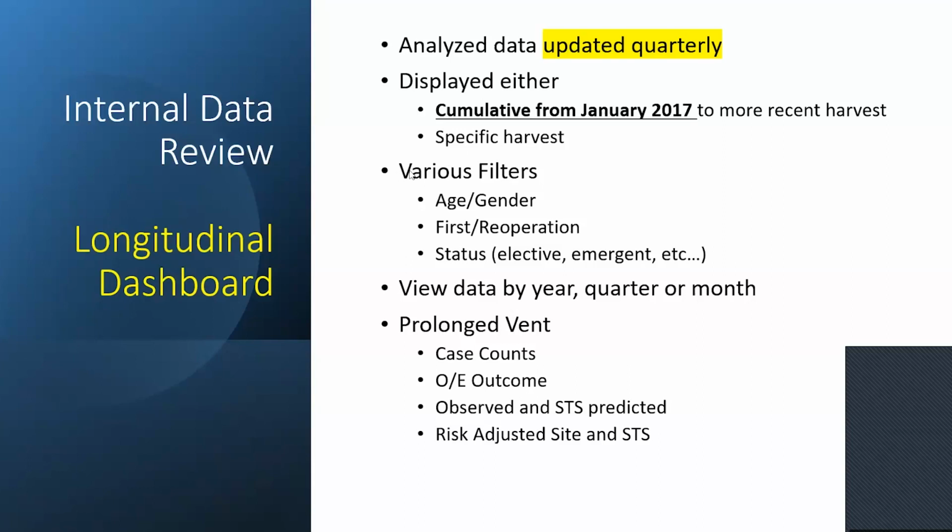There are various filters on this longitudinal dashboard: age, gender, number of reoperations, or whether it's first operation versus reoperation. And then you can also filter elective, emergent, status, and a few other filters. You can view the data by year, quarter, or month. We're going to go through each dashboard and we'll go through all of these features. Prolonged vent is reported out.